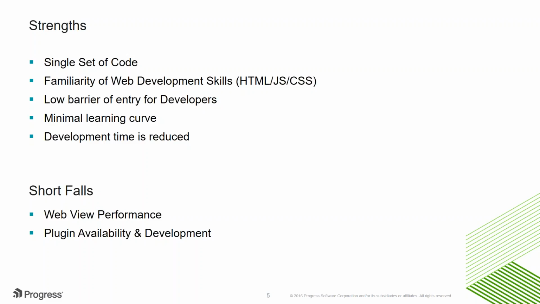But there are certain shortfalls to hybrid mobile applications or Cordova based applications. The biggest one being the web view performance. Keep in mind, when you are writing your hybrid apps, it is HTML at the end of the day. And who is going to render the HTML? Well, it has to be a rendering engine, an HTML rendering engine, right? So all platforms do not provide the same consistent rendering engine.